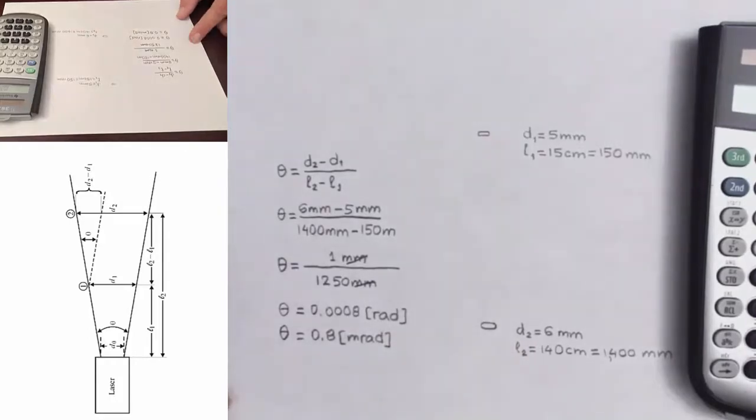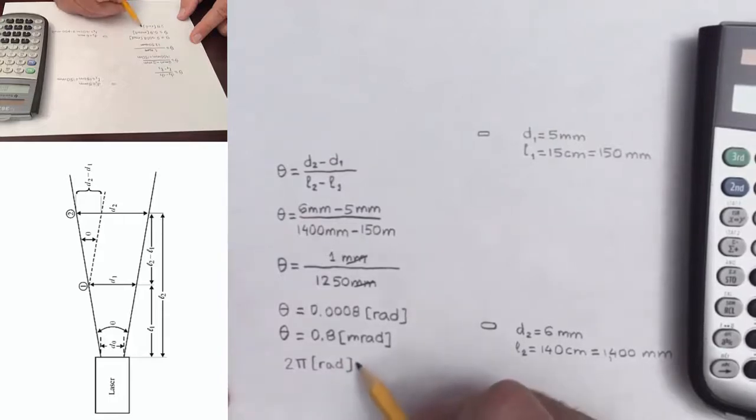Now the question is whether this laser diverges significantly or not. Here we are dealing with radians. If you're more comfortable with degrees as a unit of an angle, we can convert the radians into degrees. We know that 2 pi radians is equal to 360 degrees, a full circle.